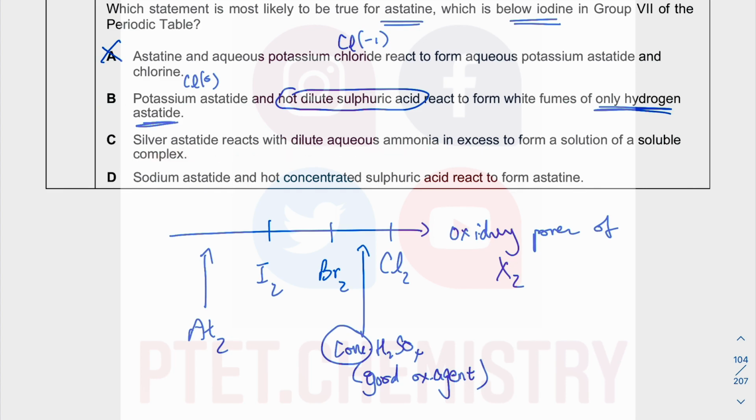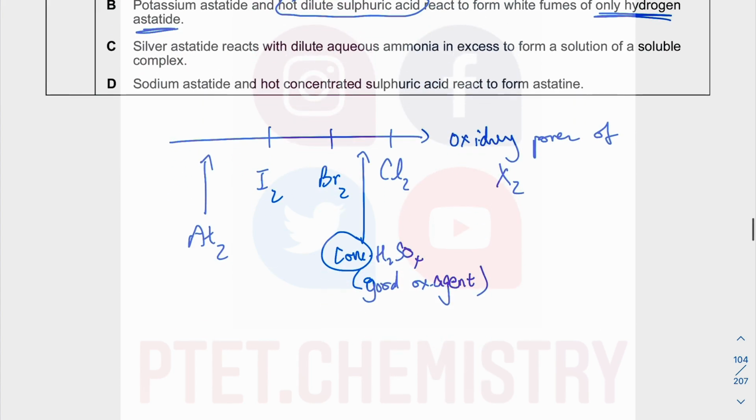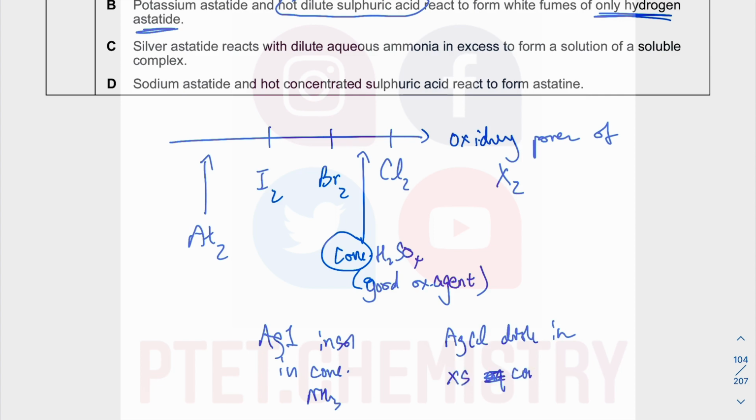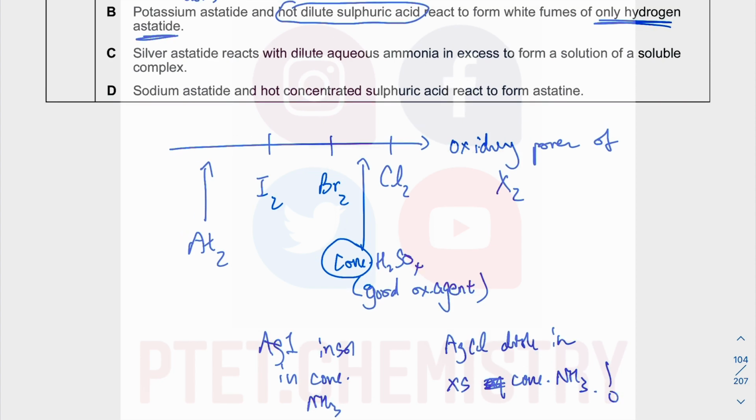the rest first, okay? So we know that silver iodide is insoluble in even concentrated NH3, but then silver chloride, which is a white precipitate, dissolves in excess concentrated ammonia, okay? So you gotta have concentrated ammonia.